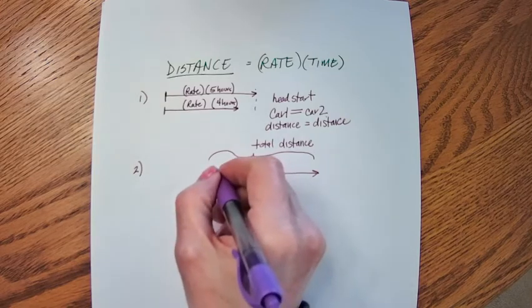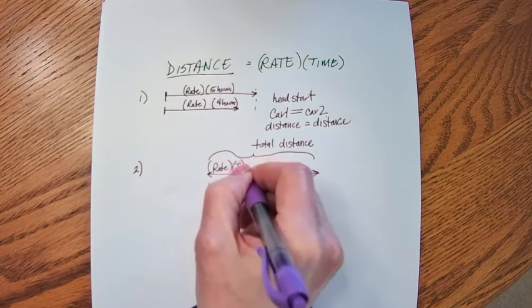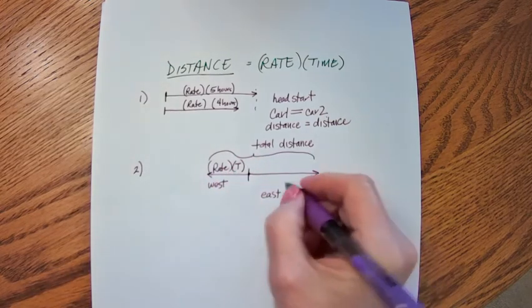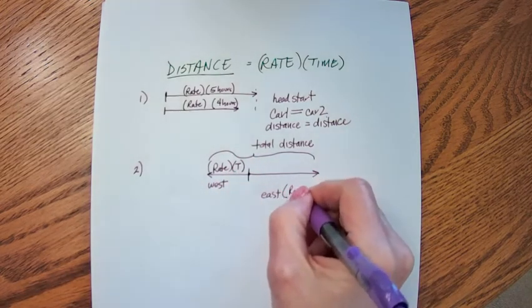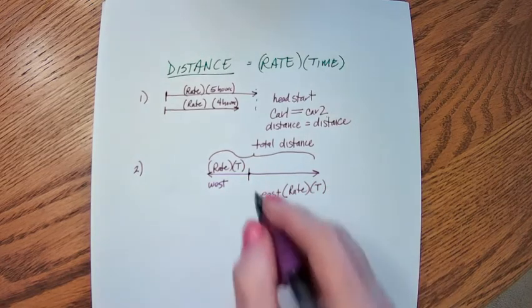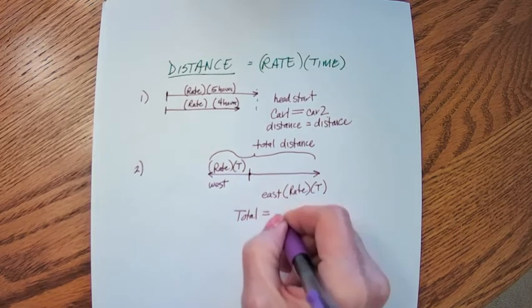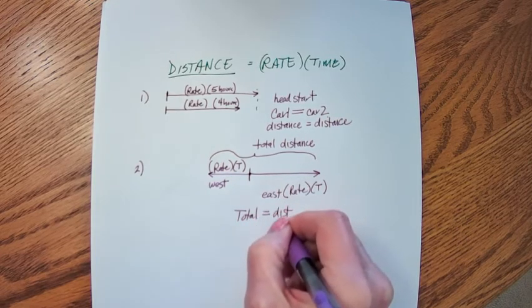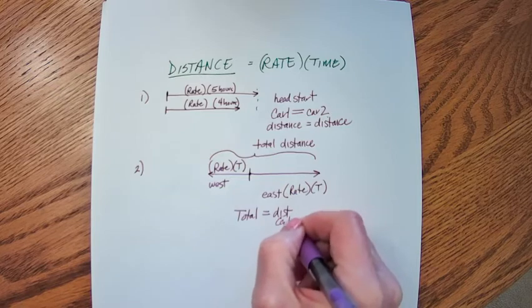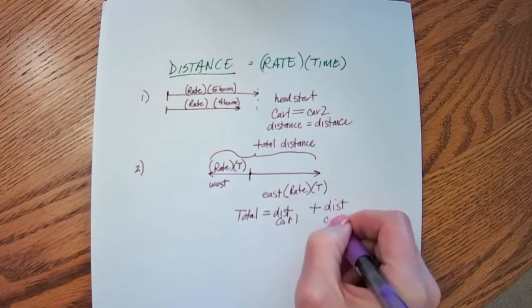So this guy traveling west, he's traveling at a certain rate, and he's been traveling for a certain amount of time. And this guy going east, he's traveling at a certain rate, and he's also traveling for a certain amount of time. So for these, the total distance is going to equal the distance of car 1 plus the distance of car 2.